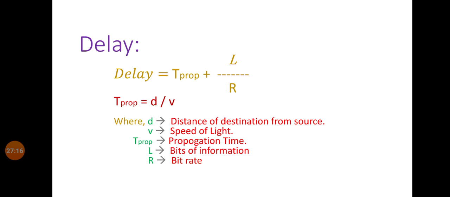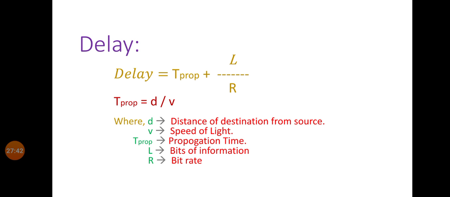Okay. Now bit rate means what? Number of bits transmitted per second. So if some file is there and we transfer it with bit rate 10 bits per second, then it takes 10 minutes.